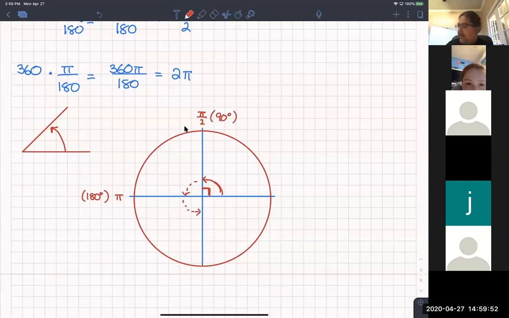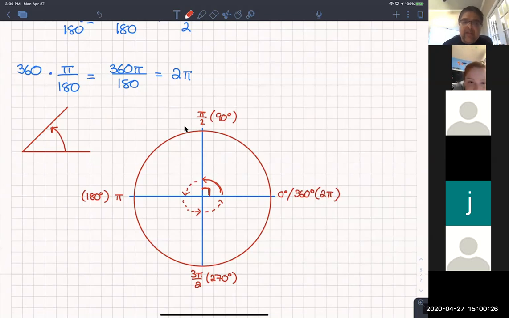How many degrees are we at? 3 pi over 2, which is 270. And if we start off here, it would be 0 degrees, but if we go all the way back, that's 360 degrees, which is 2 pi.